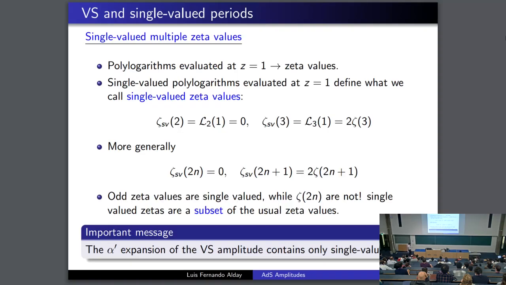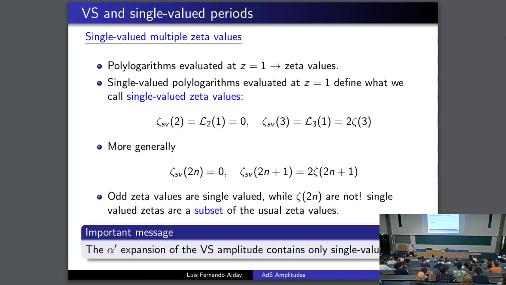So the important message, now in a mathematical way, is that the alpha prime expansion of the Virasoro-Shapiro amplitude contains only single-valued zetas. Okay? So that is the message that I would want to give to you. Is that okay? So, beautiful. Are there any questions at this point?